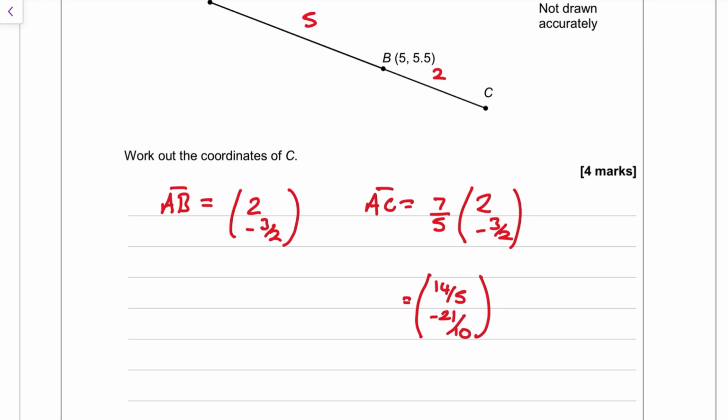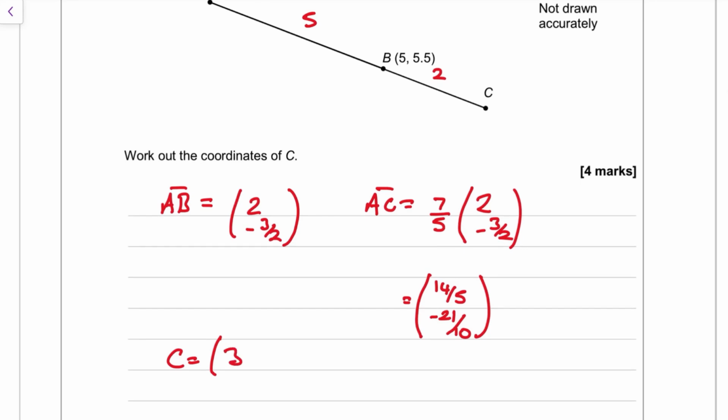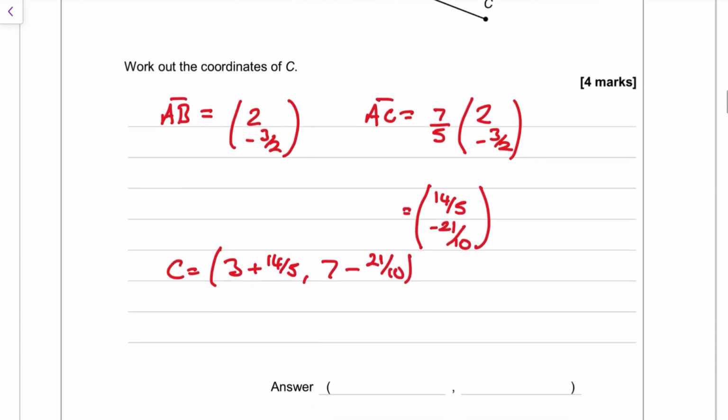That is not where C is. So C as a coordinate, I'm going to start from A, which is 3, 7. So it's 3 plus 14 over 5 and 7 minus 21 over 10. In other words, I'm applying the vector to the point A. A is actually a position vector, is really what I'm doing, but don't worry about that. Right, 3 plus 14 over 5. Well, 3 is the same as 15 over 5.